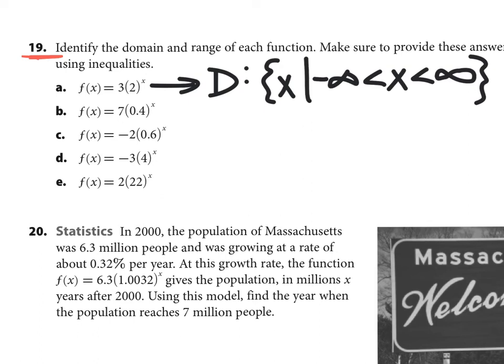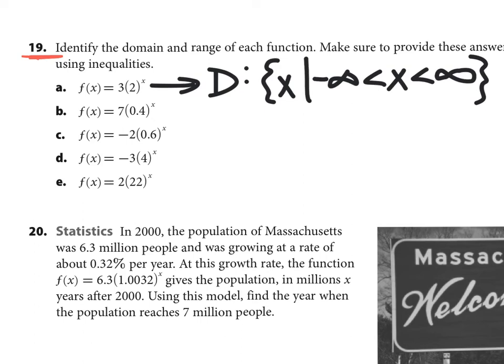So let's think about this. 2, that means it's got to be increasing, okay? That means it's got to be going up. That means it's going from 0 up to infinity. Now, if you were to graph this in your calculator, you would see a graph that looks something like that. So what's my range for this particular problem?